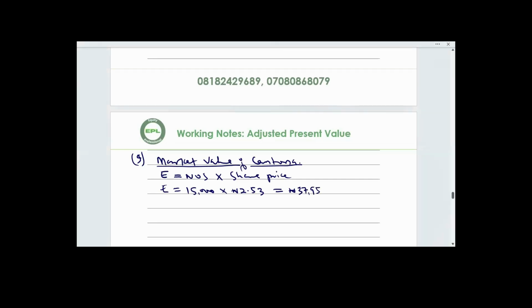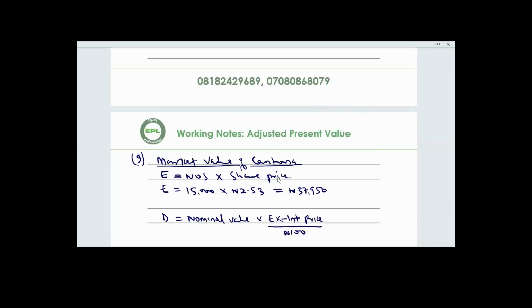37,950. Then the value of the debt is a bond of 40 million naira. So to get the market value of the bond, it is the nominal value multiplied by the ex-interest price, then divide by 100 naira.